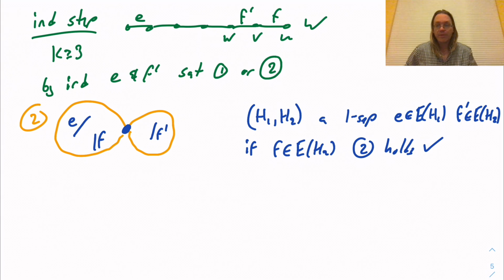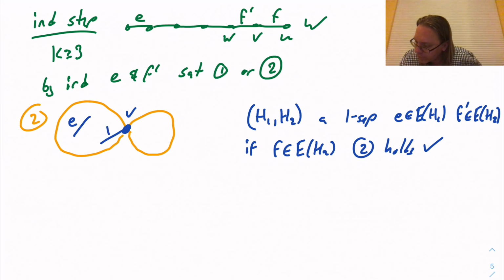But now you see something funny. Well, F is on the left and F prime is on the right, but F and F prime have a common endpoint, right? The vertex V is common to them both. So, well, this can happen, but it can happen only one way, and it's not quite what I drew here. The only way this can happen is if F looks like this and F prime looks like that.